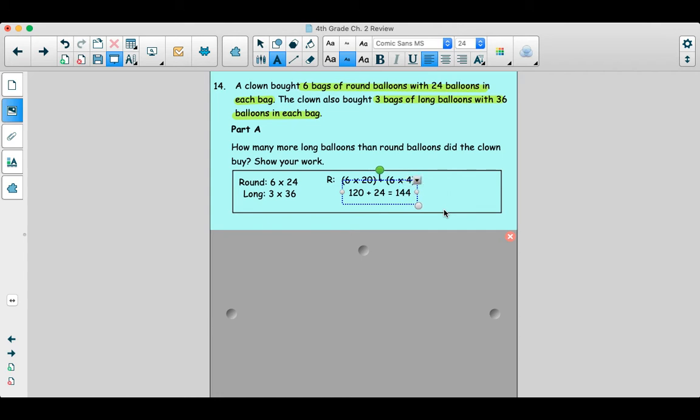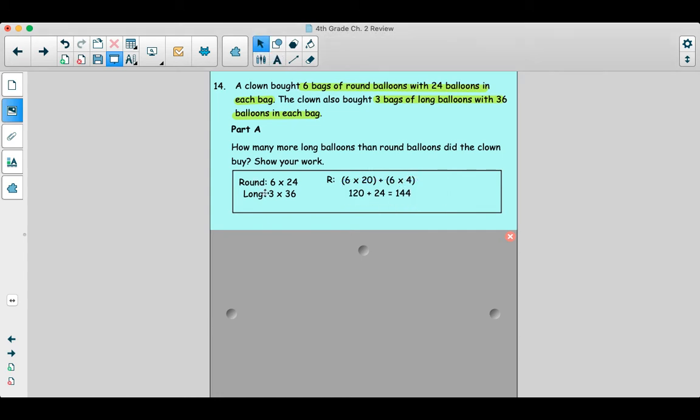So 144 is the round balloons. I'm going to reset this because I'm just going to keep all of this over here. So this is all the round. So now I'm going to do the longs.